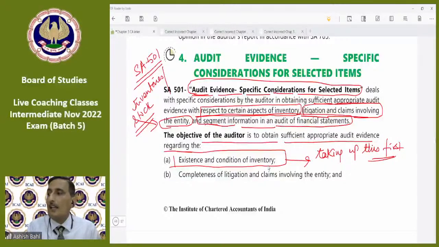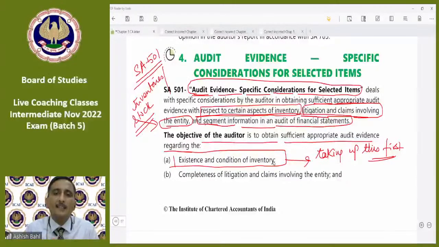Now the auditor is concerned with obtaining sufficient appropriate audit evidence regarding existence and condition of inventory. The other two things discussed in this standard, litigation and claims involving the entity and segment information, we shall be discussing later on.